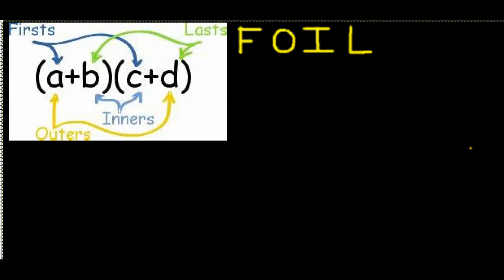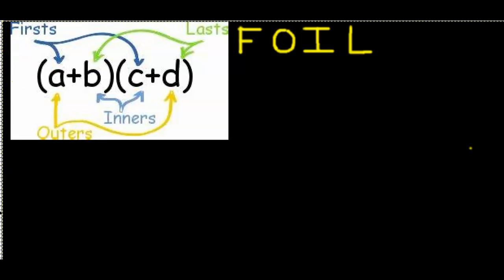Let's review how to do the FOIL method in algebra. So let's say we have a plus b times c plus d. So what we did was, there's our FOIL. Now at the F, look, our firsts. So first we're going to do the firsts.